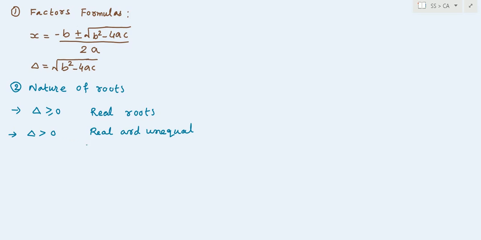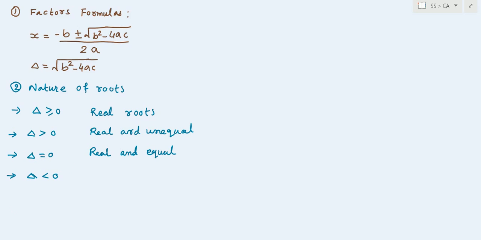If delta greater than 0 means only positive, the roots are real and unequal. If delta is equals to 0, okay, then the roots are real and equal. And if delta is less than 0, actually this position is not possible.